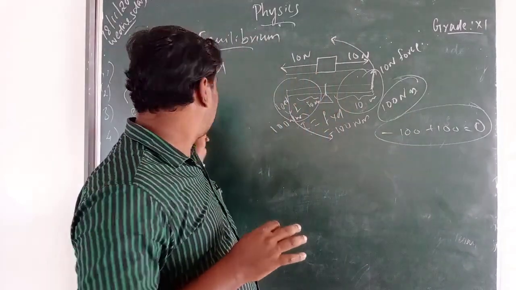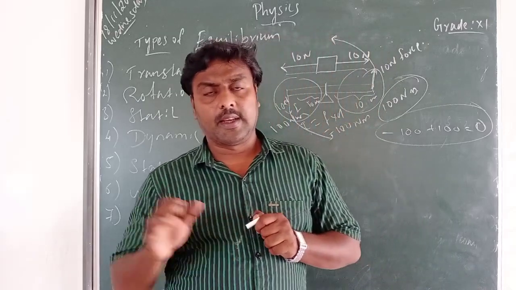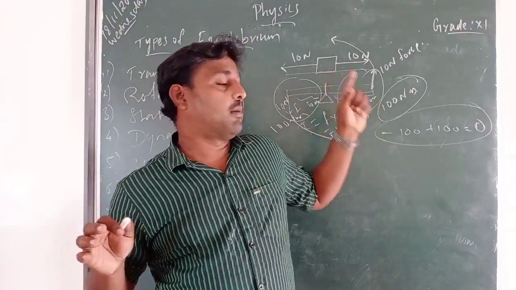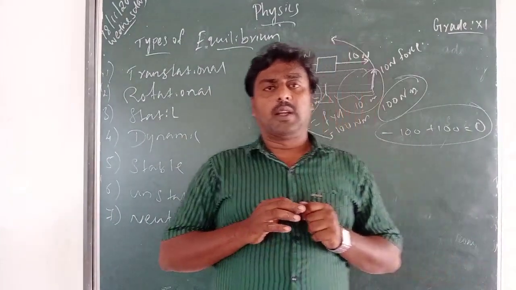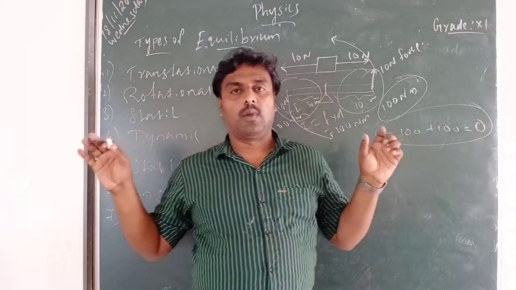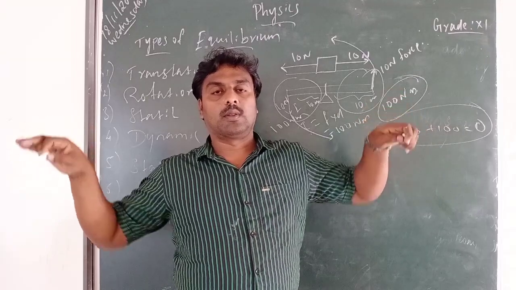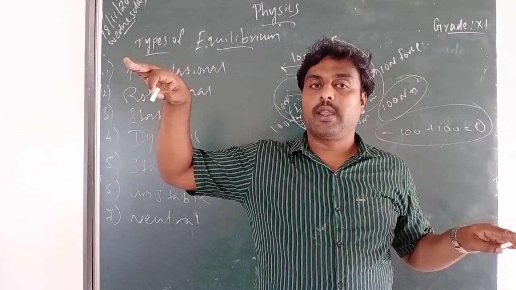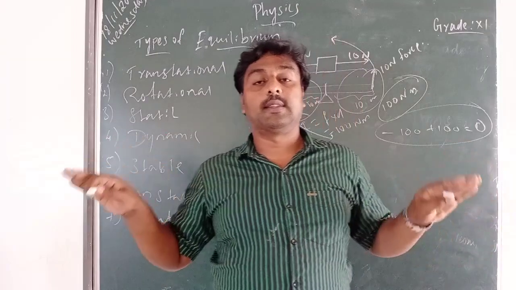Next one is static equilibrium. For static equilibrium, you can take the same seesaw example. Assume a person is sitting on both sides. Neither side is lifting; both are balanced.